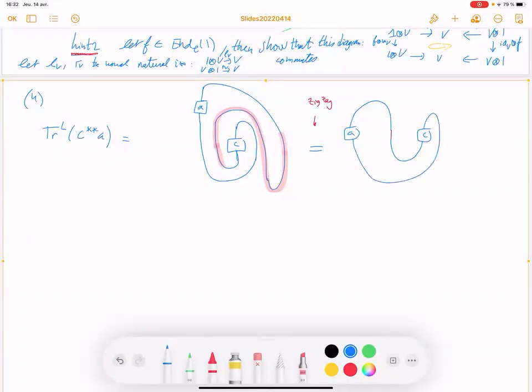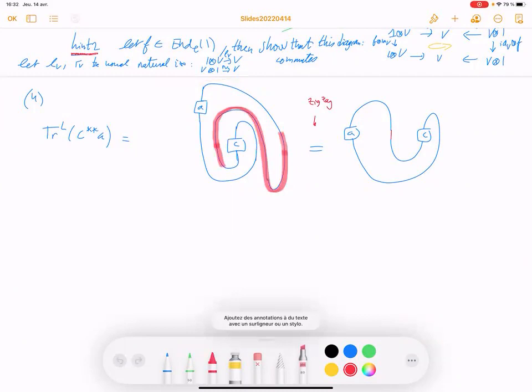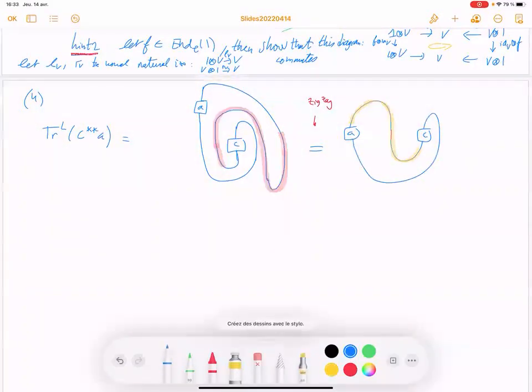Shorter. When you apply this zigzag relation, you get that, and you get this picture. Now you can apply again the zigzag relation, but on this part. And what you get is exactly what you wanted.